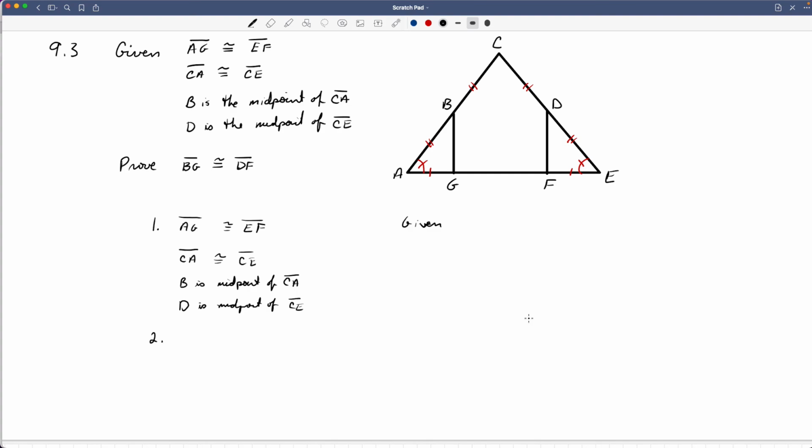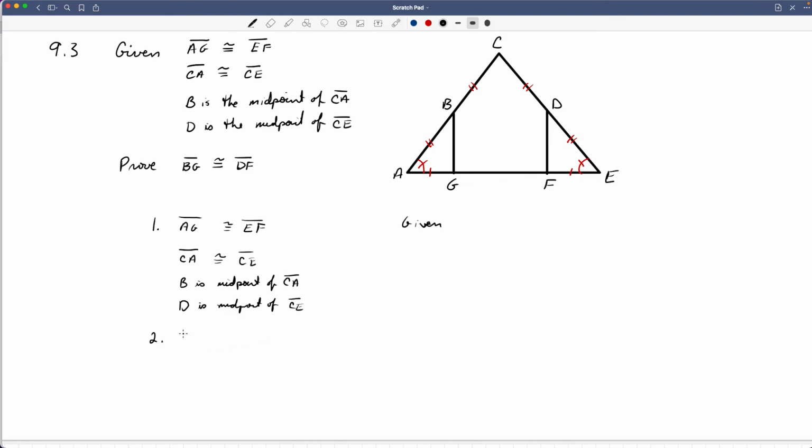And number two is we have to discuss the way we want to prove this, right? To show that BG and DF are congruent, we need to show that the two small triangles are congruent. So we have side angle side here, and we have side angle side here. So that tells me by default that I have two congruent triangles by side angle side. So that's what I'm going to do here.